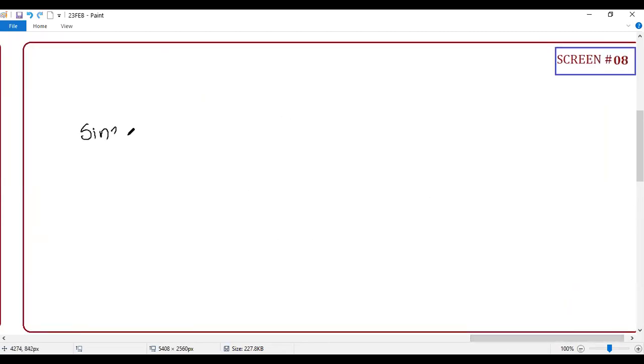If I say sine 30 will be equal to cos of what? This is a question. We know the sum of the two angles has to be 90 degree. So which angle, if I put, will give me 90? 60 degree. And you have to mention this degree also, students. Sir, why, sir? Because in 11th standard you are going to learn something called radian.